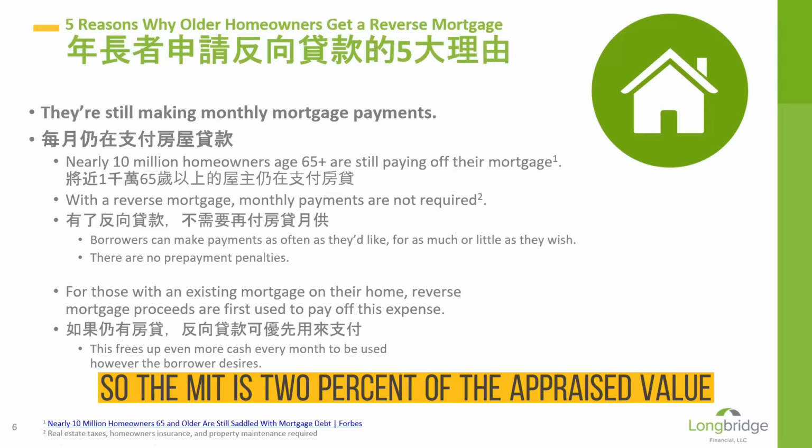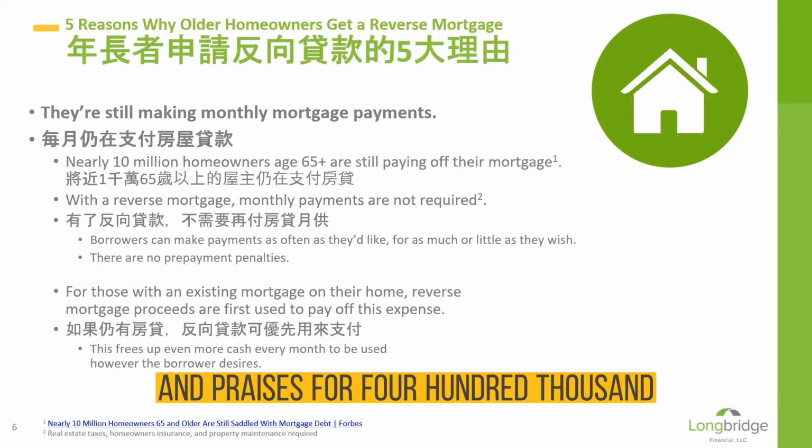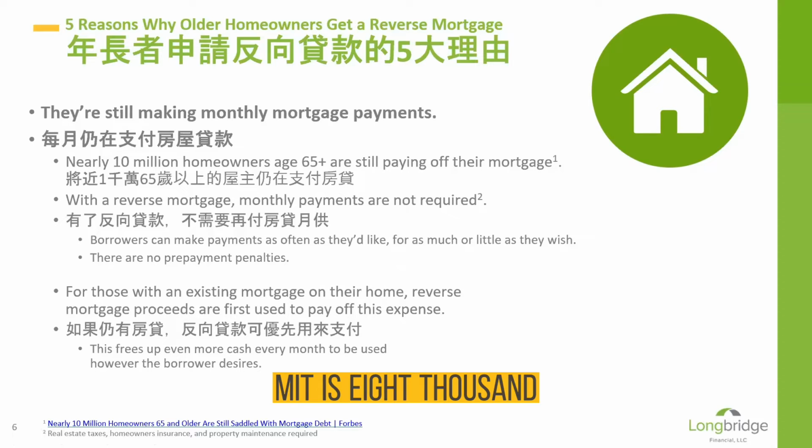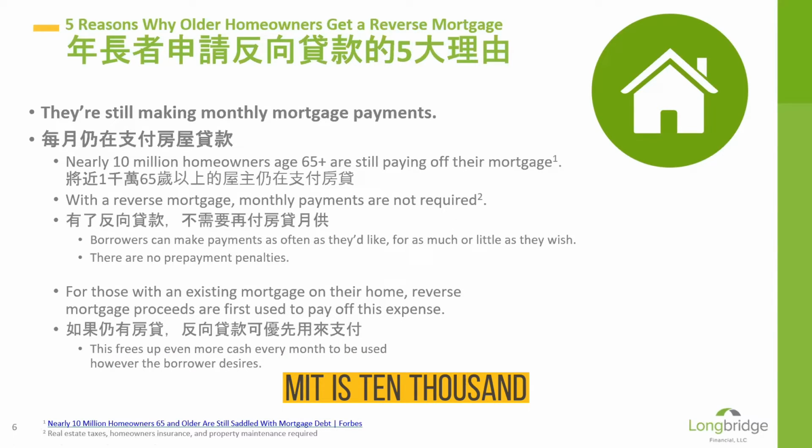So the MIP is 2% of the appraised value. If somebody's home appraises for $400,000, MIP is $8,000. If somebody's home appraises for $500,000, MIP is $10,000.